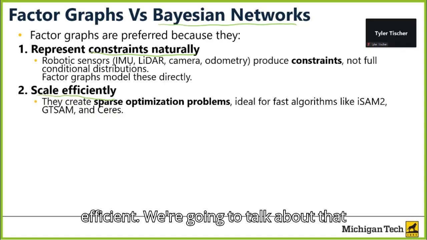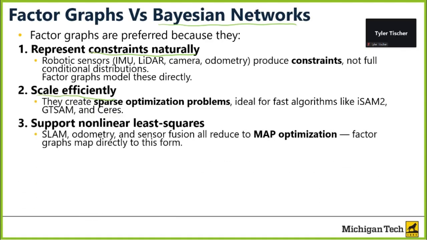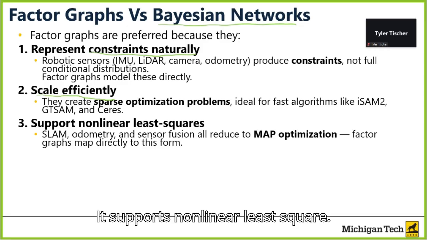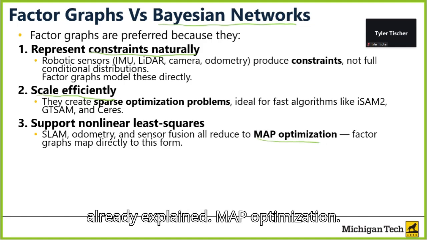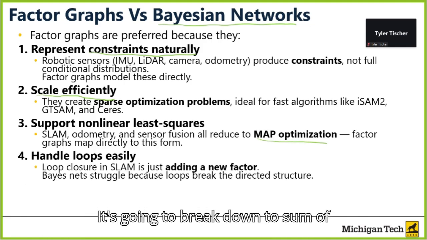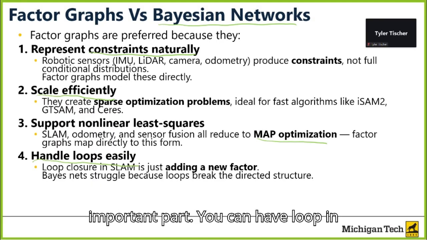We're going to talk about that more. Scale efficient because of the sparsity. It supports nonlinear least squares. I already explained, MAP optimization is going to break down to a sum of squares. And it handles loops. That's a very important part. You can have loops in a factor graph.